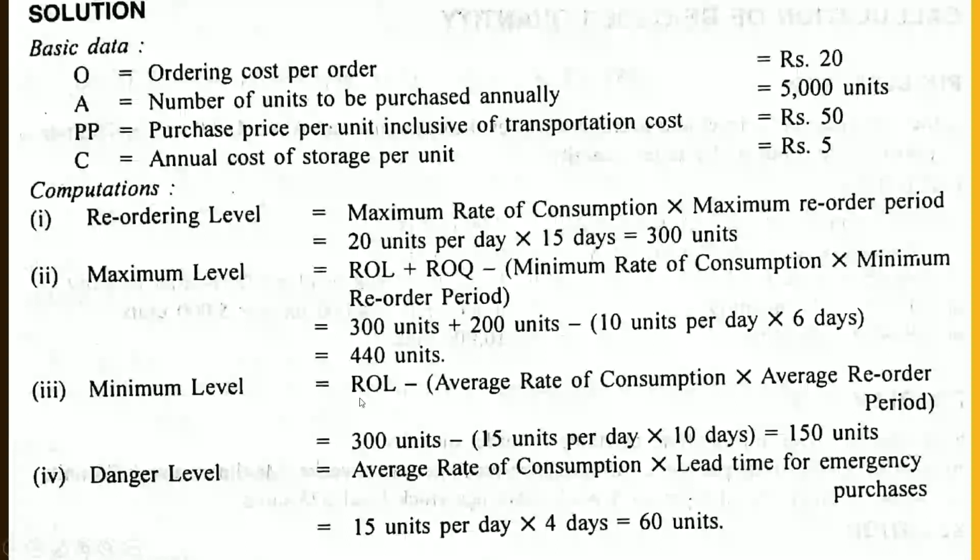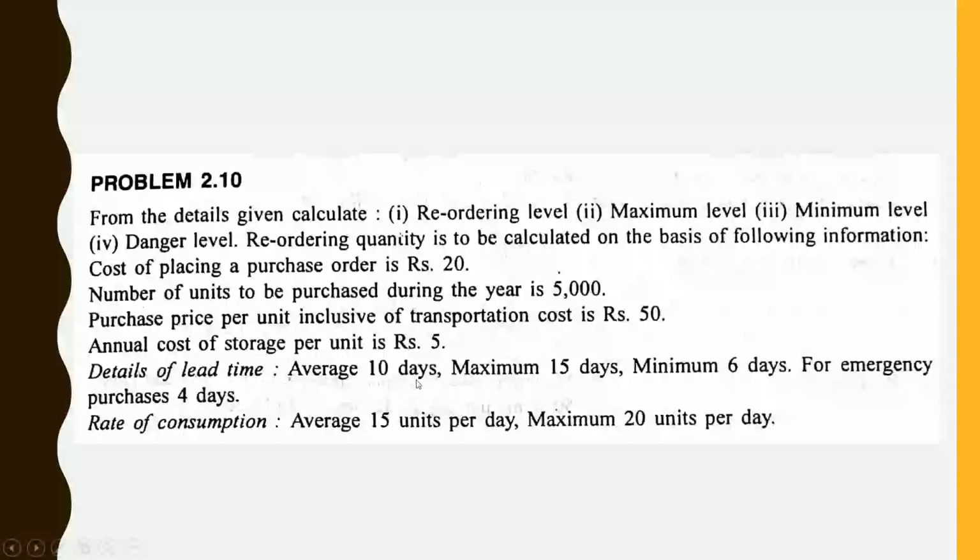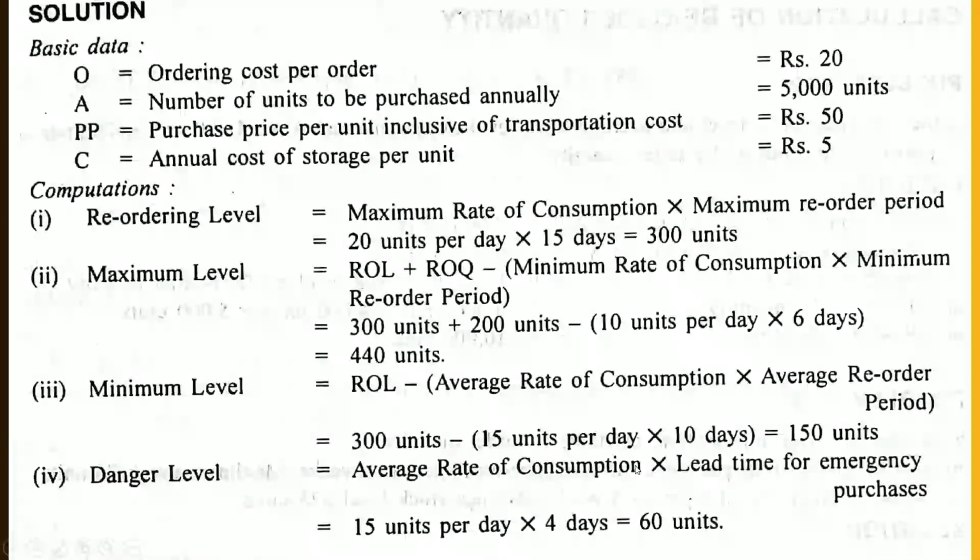So 15 days and 10 days. It is given average 10 and average consumption 15 units. So 150. Danger level is average rate of consumption into lead time for emergency purchases. So average is 15 units and lead time 4 days, 60.